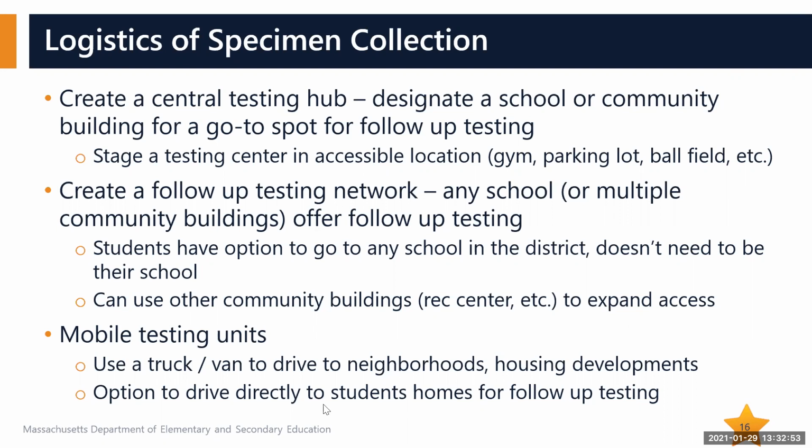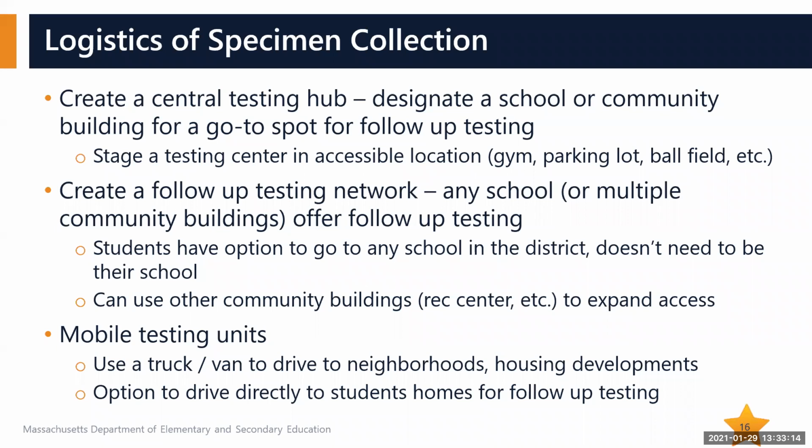And this might not work in many or all districts, but if there are vehicles that can be used, we've heard a lot about, some of our assumption is based on families being able to return for that follow-up testing to bring their children in. And we know that there are logistical challenges with that, equity issues associated with that.